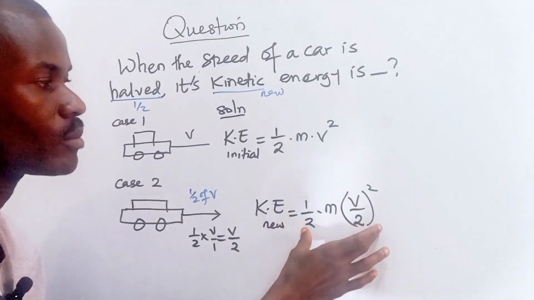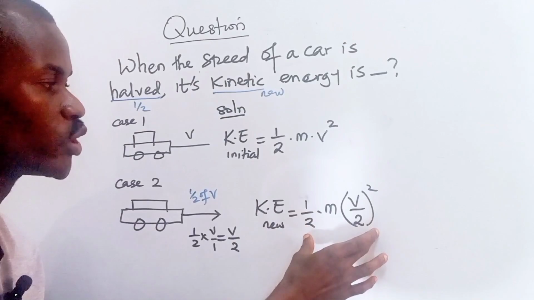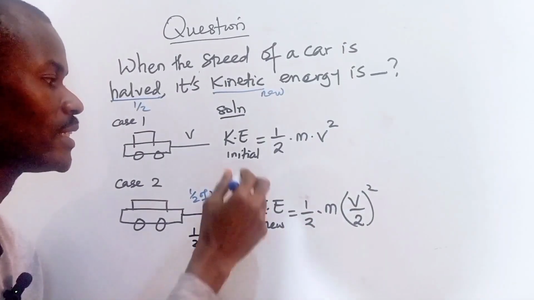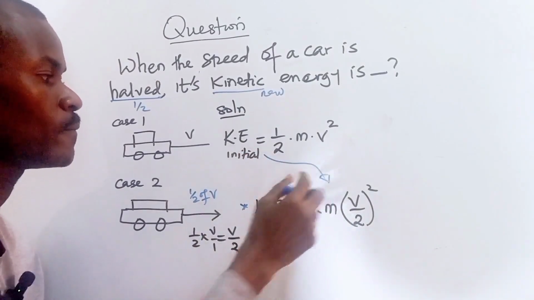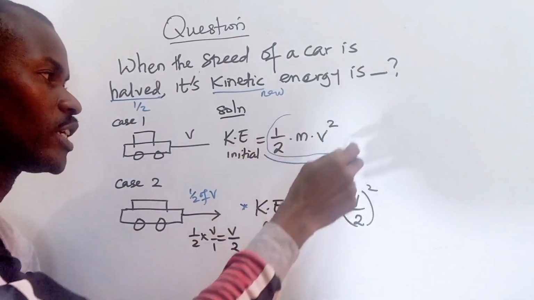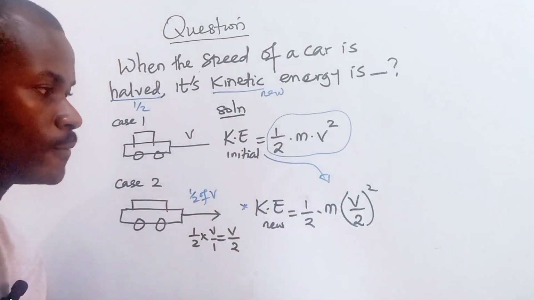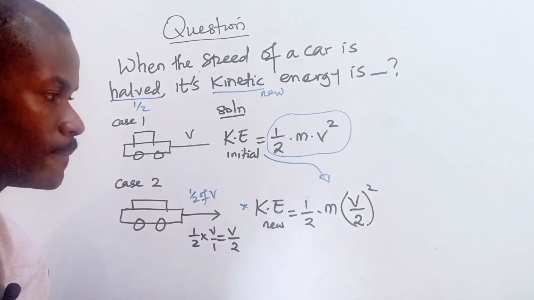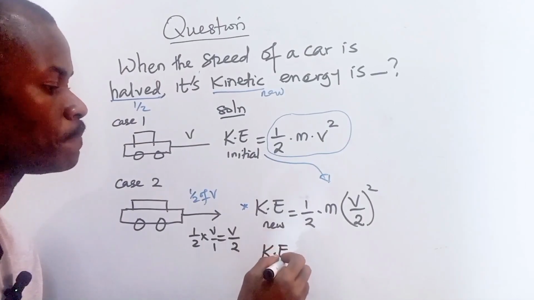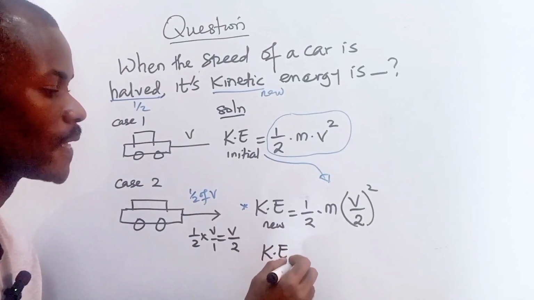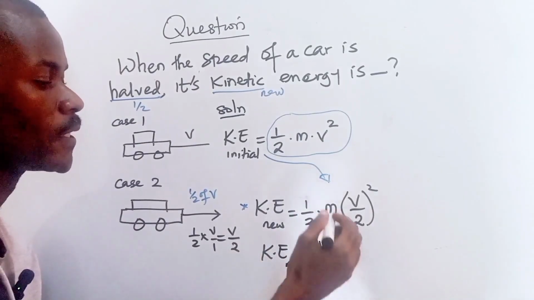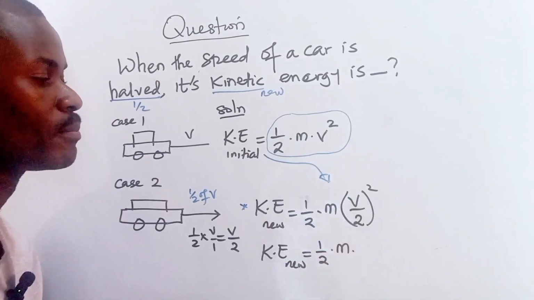Now from this, we want to solve this in such a way that we have all this in terms of the initial kinetic energy. So we want to solve this right-hand part and bring that out. We can see that our kinetic energy is now equal to half multiplied by m, which is the mass.